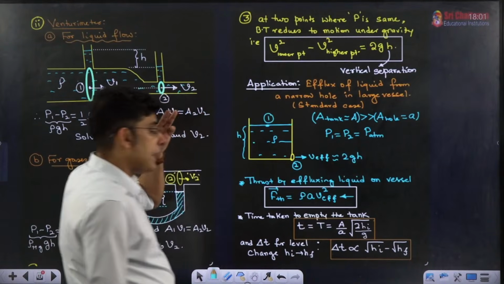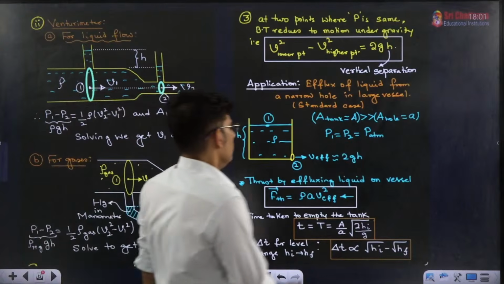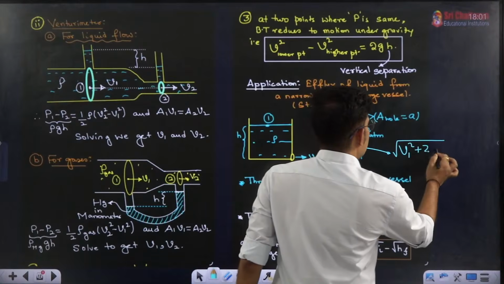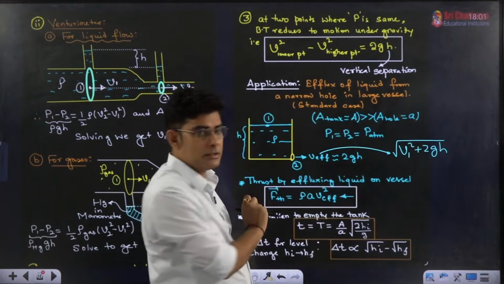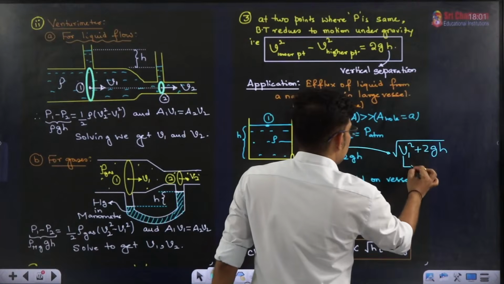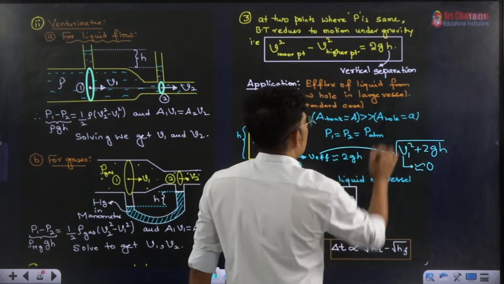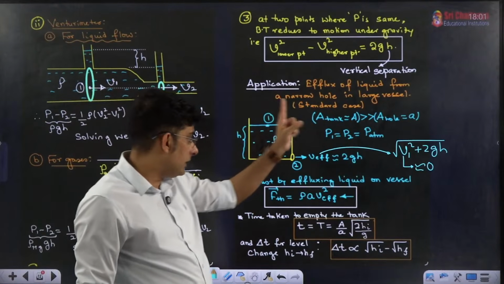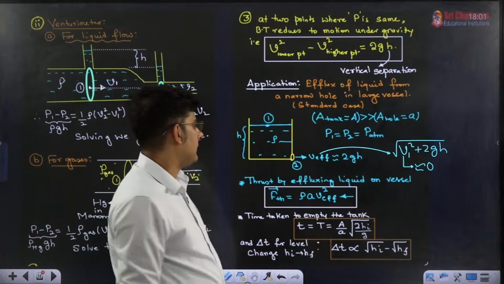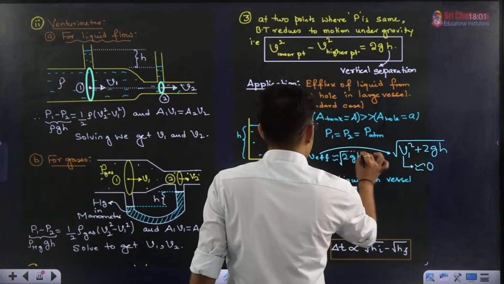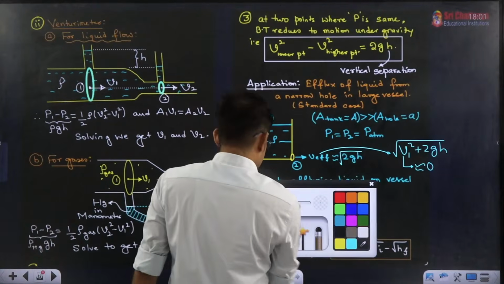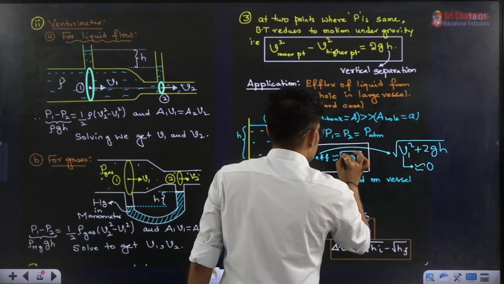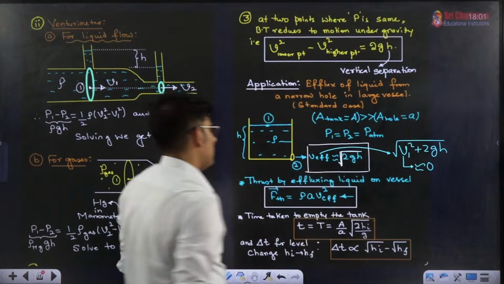Pressure same, so directly it becomes, for the lower point, just by motion under gravity, V efflux square equals V1 square plus 2g h, where the vertical separation is h. Now V1 we take approximately 0, because the area of the hole is very small compared to the area of the tank, so V1 can be neglected. So we get the efflux speed formula: V efflux will become root 2gh.